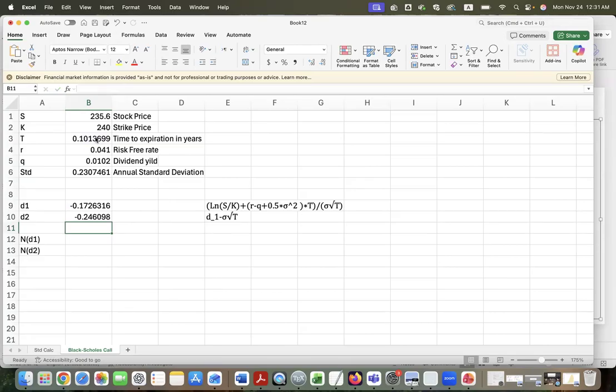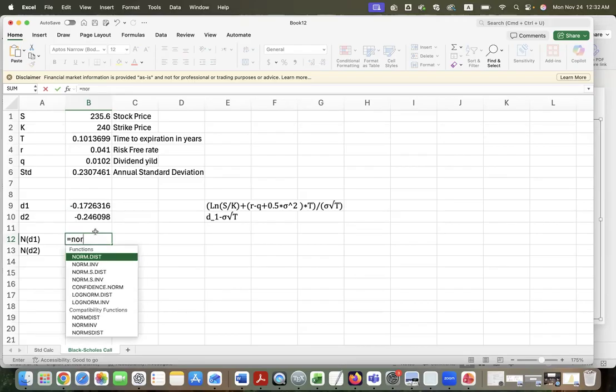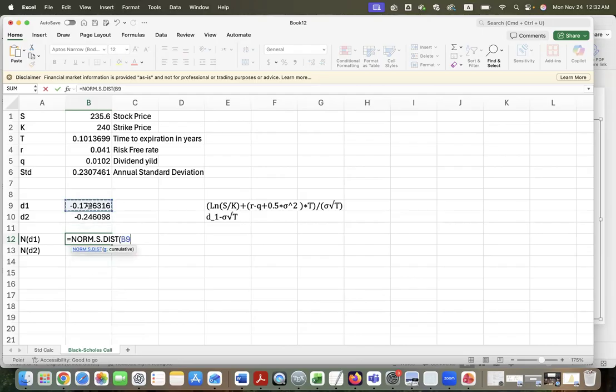Now let's calculate ND1 and ND2. If I want to calculate ND1 and ND2, I can easily do this. ND1 would be equals... So in Excel, you can use the function NORM.S.DIST, and you just mention this and then cumulative, yes, TRUE, and boom, it calculates it for you.